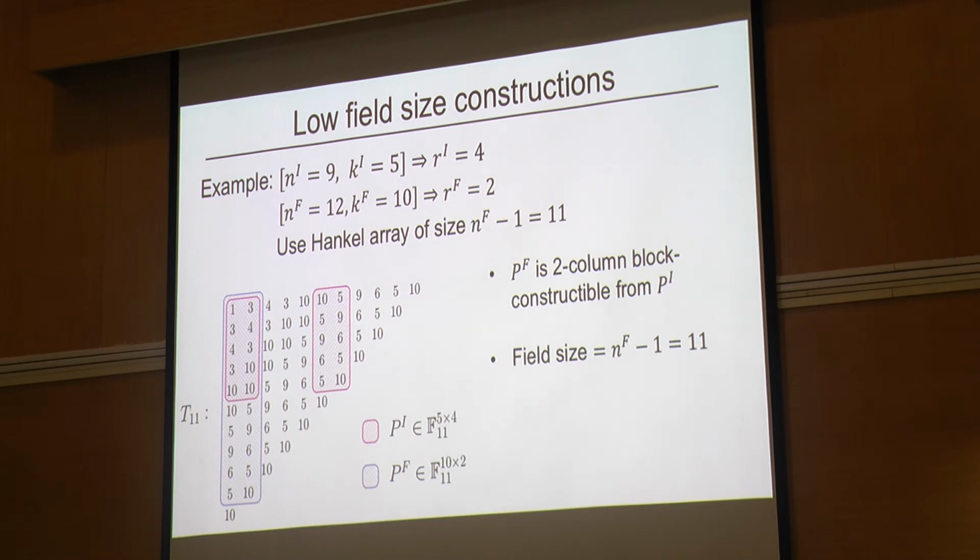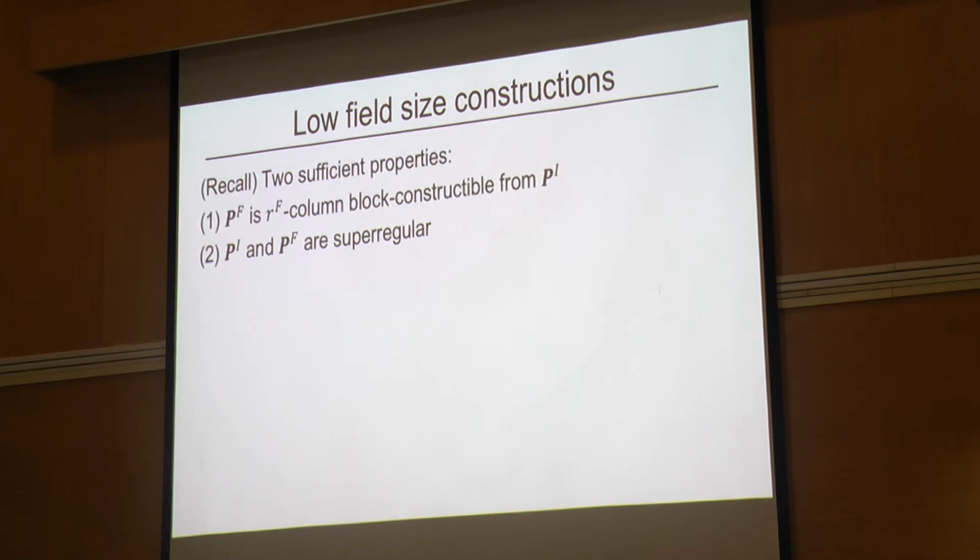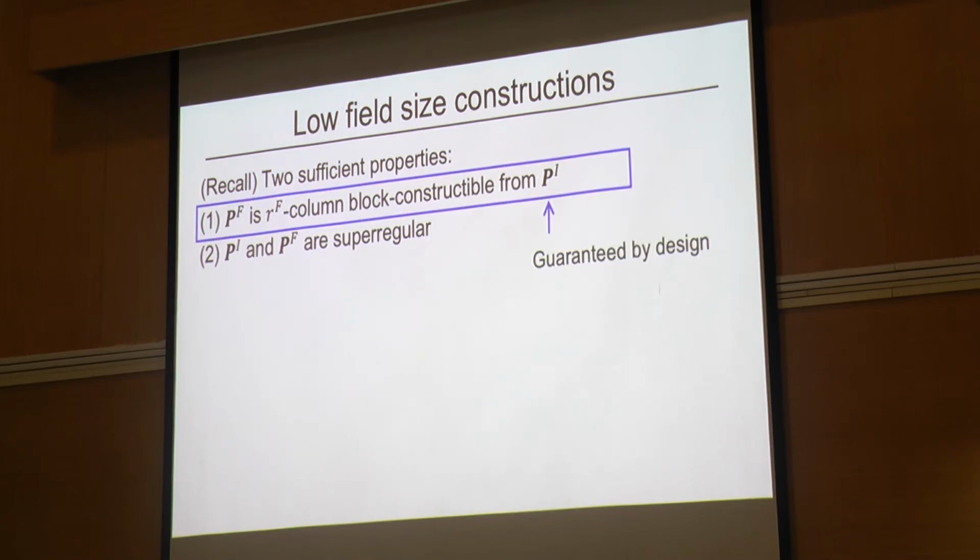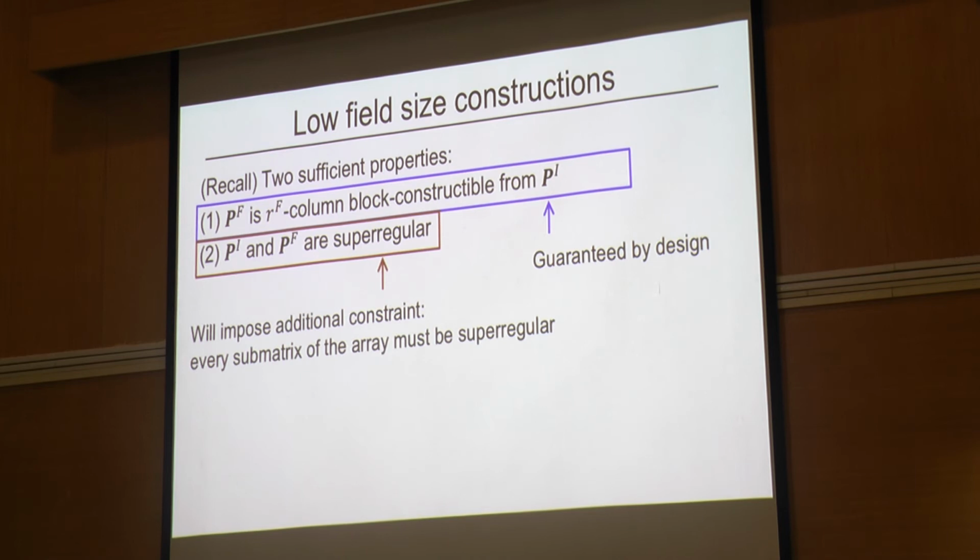So this satisfies so far only the first of the properties, which was the block constructible property. But the super regularity is still not guaranteed, for which we will impose an additional constraint saying that we want to construct that array such that it is super regular, that any submatrix is super regular.